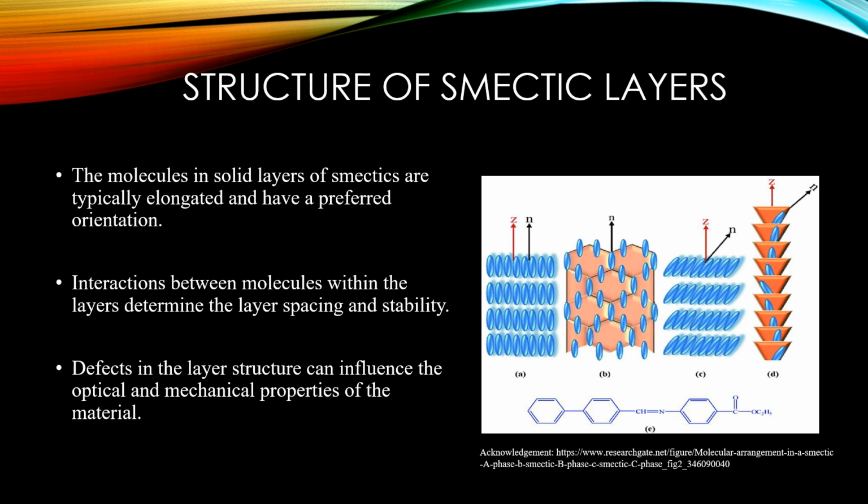Layered order: in smectic phases, molecules from distinct layers form a very regular spacing between them. Within each layer, molecules can exhibit different degrees of order depending upon the smectic phase. These layers can be visualized as thin sheets stacked in a specific pattern where the distance between them remains relatively constant.